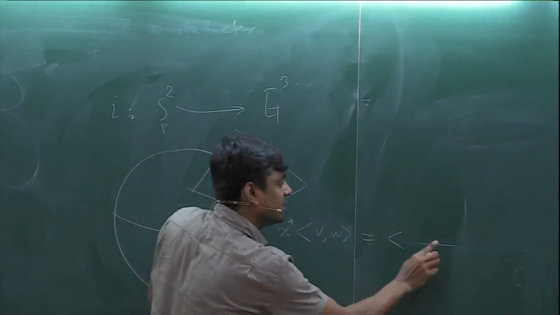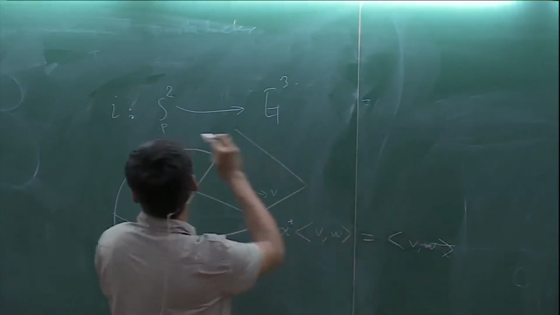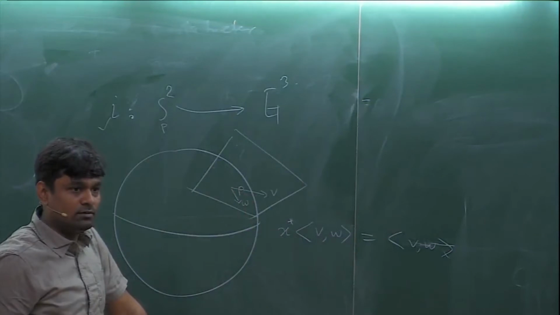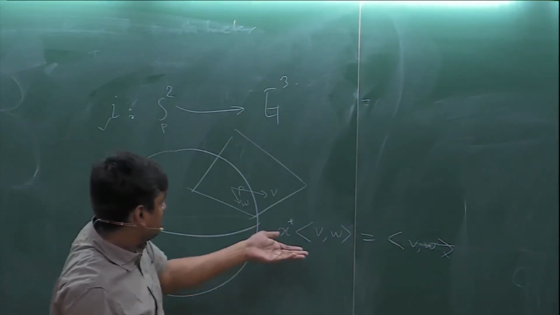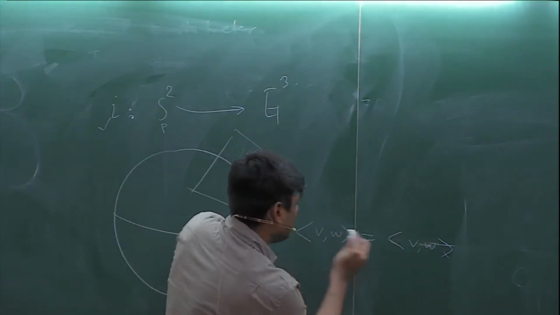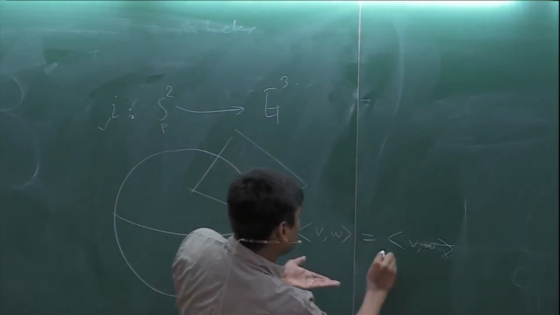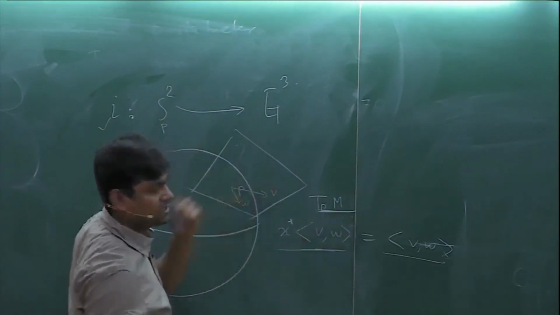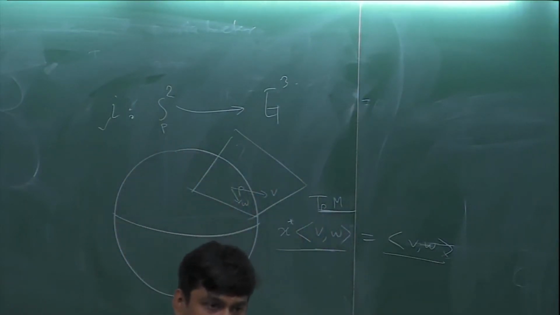That turns out to be V and W, because dxPV goes to V, and then W. Check whether in this metric TP of M is space-like, then at that point it is a space-like immersion. If it is time-like, then time-like immersion.